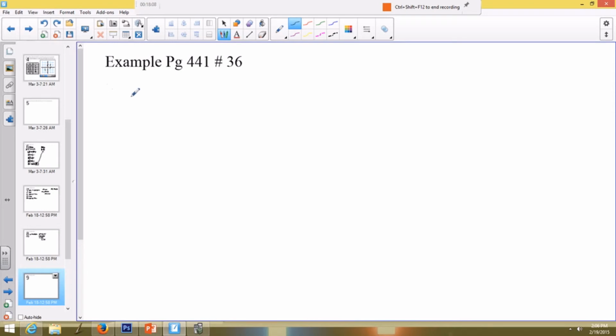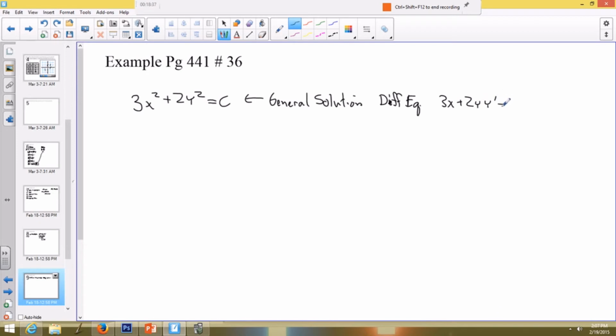So they're saying in number 36 that 3x squared plus 2y squared equals c is the general solution to the differential equation, and they give it to you in the second one, 3x plus 2y prime equal to 0.